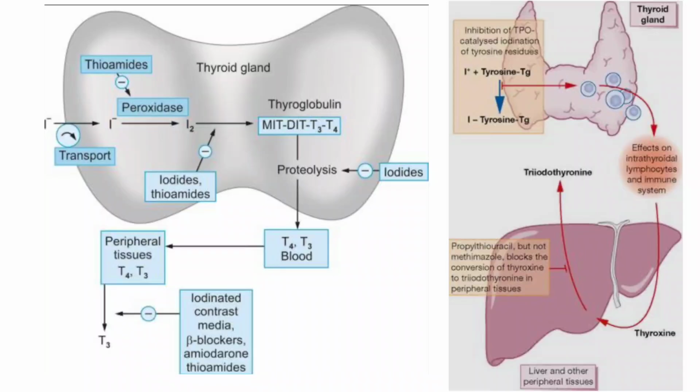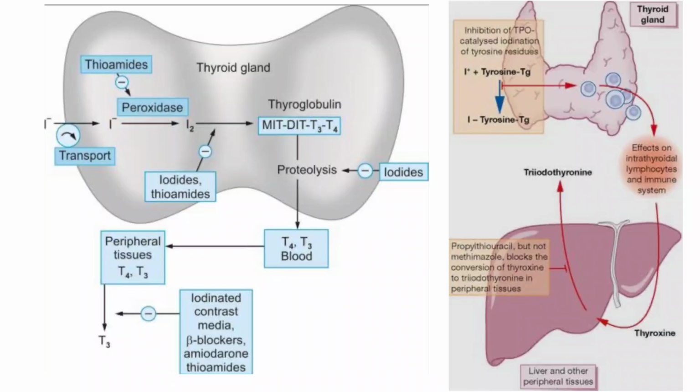Now the iodides and thioamides prevent the formation of the MIT-DIT complex by inhibiting the binding of I2 to thyroglobulin. Then there are proteolysis inhibitors. So these iodides have dual action; they also inhibit proteolysis. And for peripheral conversion, we can give beta blockers, amiodarone, thioamides, and iodinated contrast media. So this is the physiology.